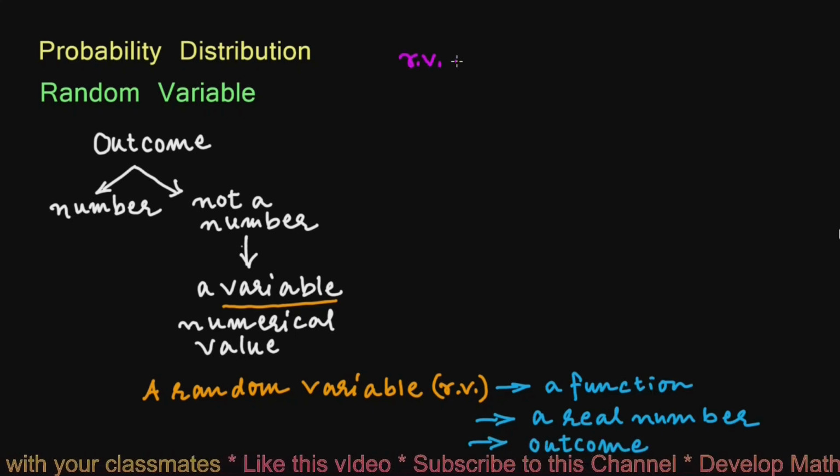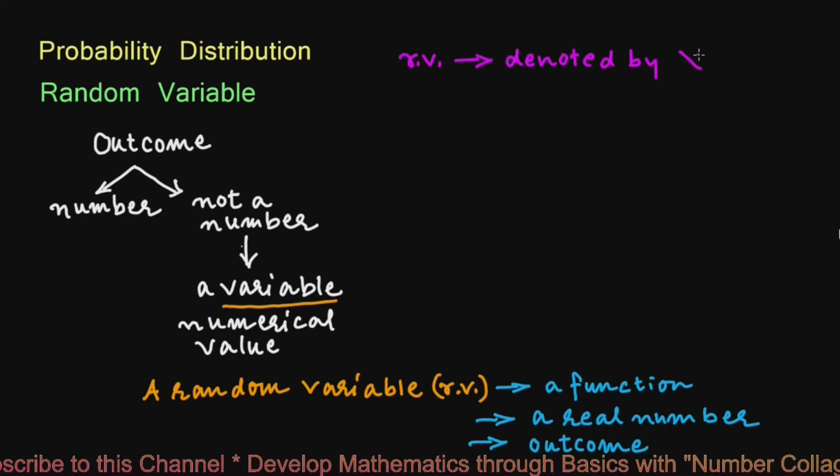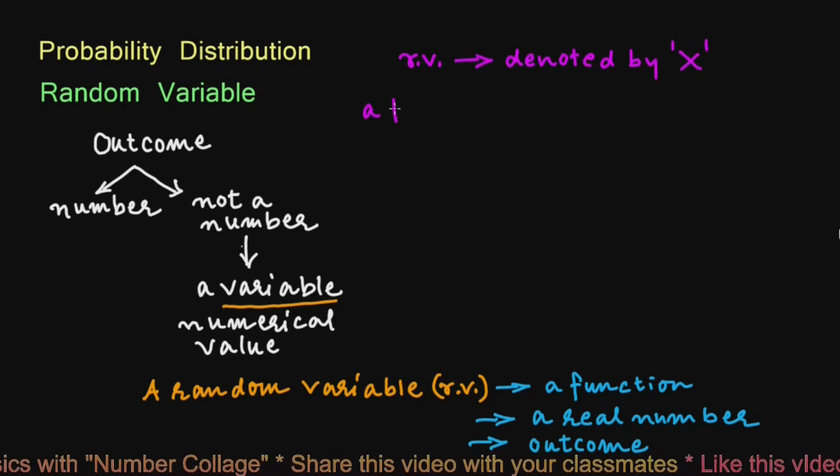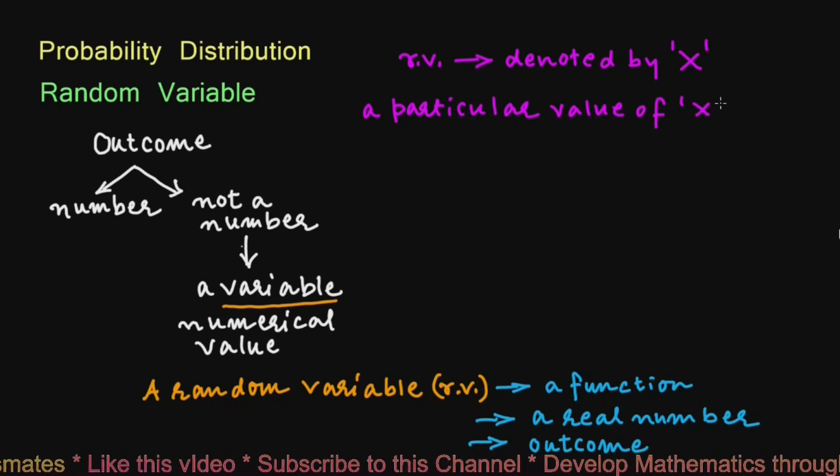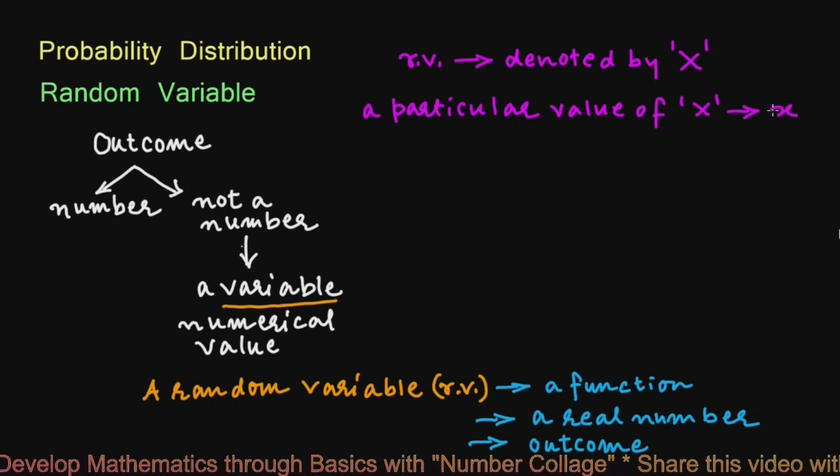Random variable is denoted by capital X, and a particular value of random variable X is denoted by small x.